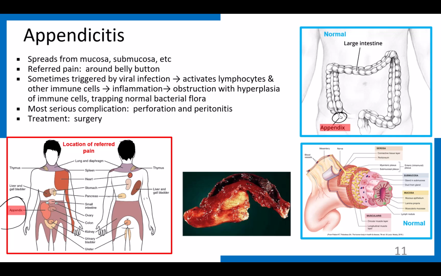Appendicitis is sometimes triggered by a viral infection that then activates the lymphocytes and other immune cells that are in the appendix, and then it causes inflammation, it causes hyperplasia, and then it can cause swelling of the appendix, and if left untreated, it can cause perforation, it can burst, and then the contents of the large intestine actually enter into the abdominal cavity to cause peritonitis, right?